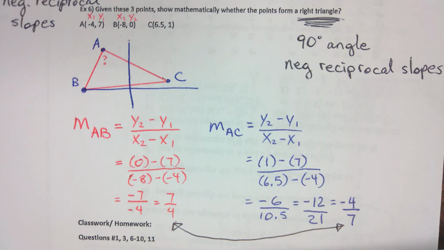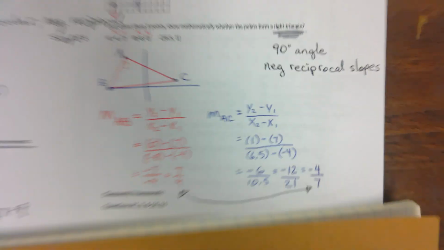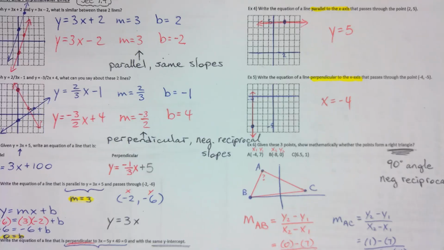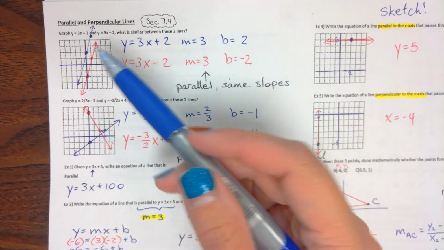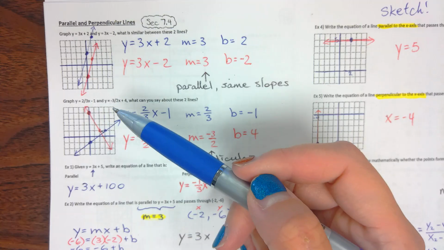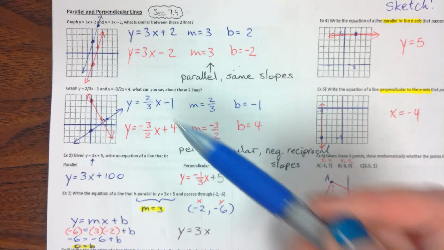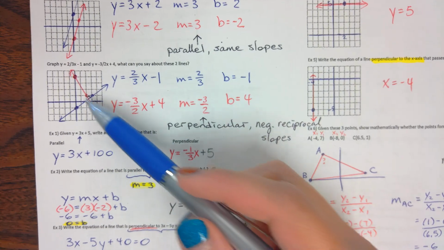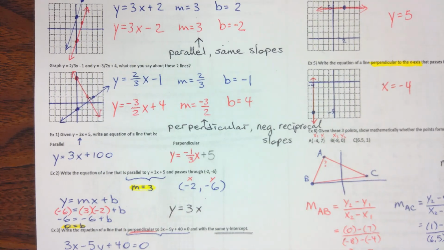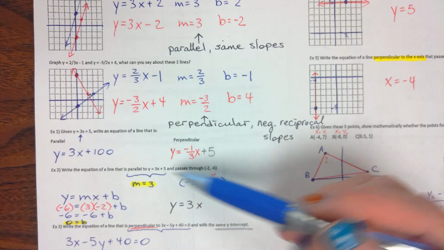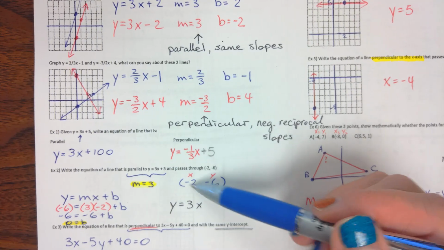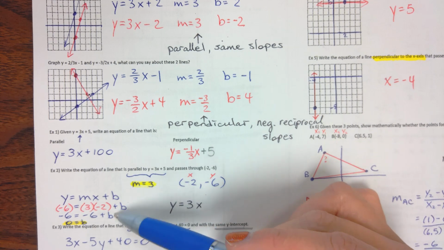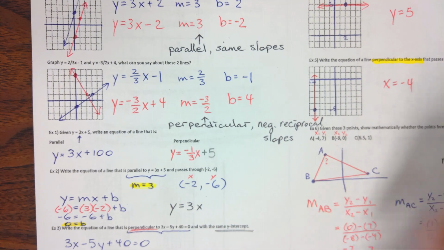All right, so let's do a quick little summary of today's lesson because we did go through quite a bit. So when the slope is the same, you get parallel lines. When the slopes are negative reciprocal of each other, you get perpendicular lines. What we did yesterday, given the slope and a coordinate, you can plug it in to figure out the equation.